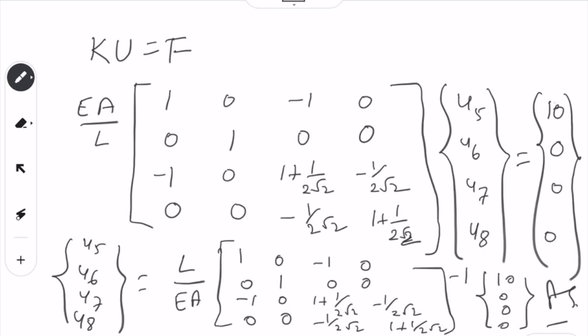Once you have that, you can have all the displacements, but this is how you will solve on paper.